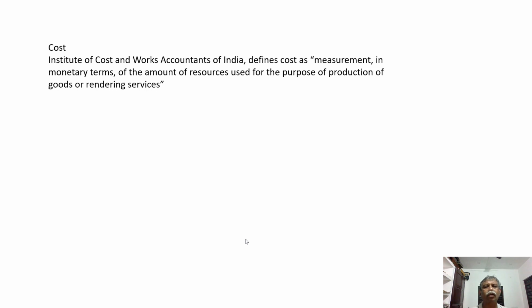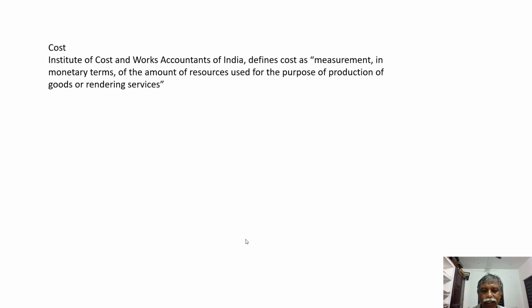So you are producing goods. Suppose you are producing chapati. You like to prepare chapati, right? So when you produce chapati, what is the amount of resources used for this purpose? Resources means you want flour, right?